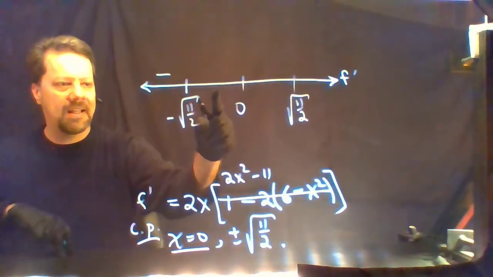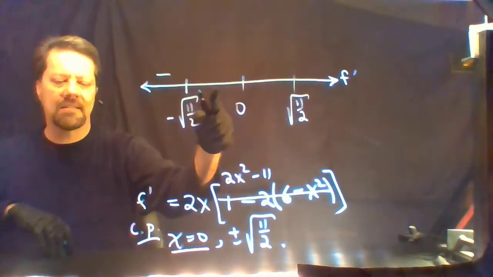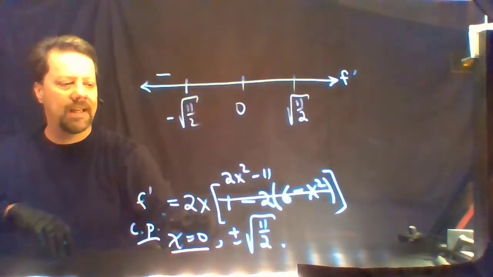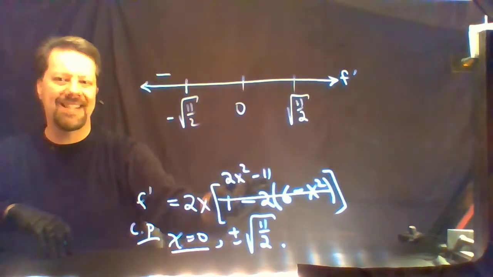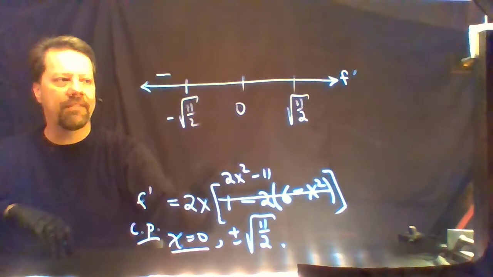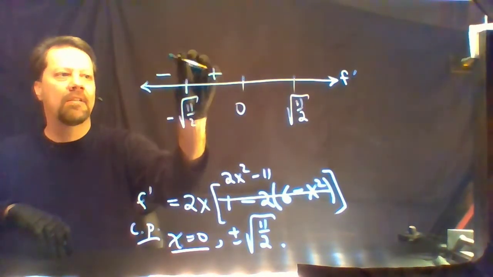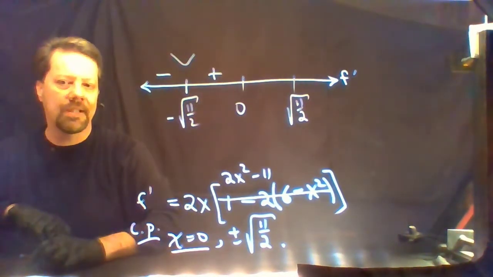What happens in here, say at negative 1, we'll get a negative here. Negative 1 squared is 1, times 2 is 2, minus 11 is negative. Negative times negative is positive. We have a local min in this location.